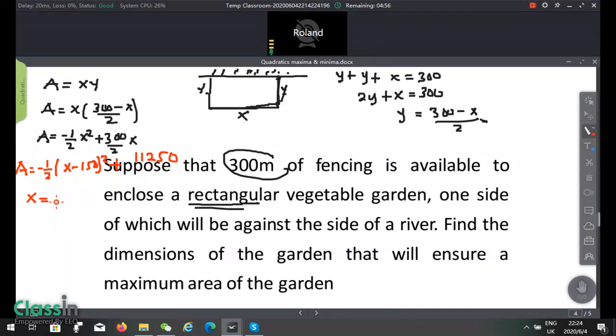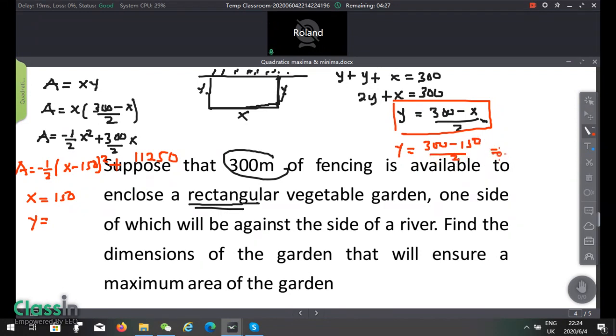x is 150. So if x is 150, we can find y, because this expression is y: 300 minus x over 2. So if x is 150, y will be 300 minus 150 over 2.